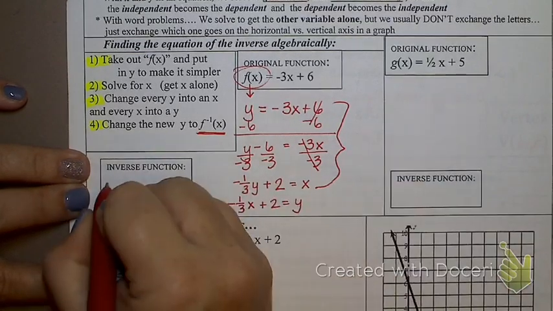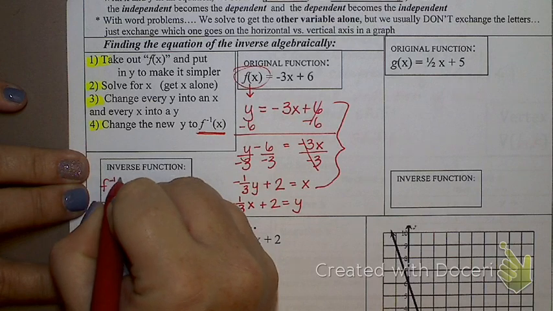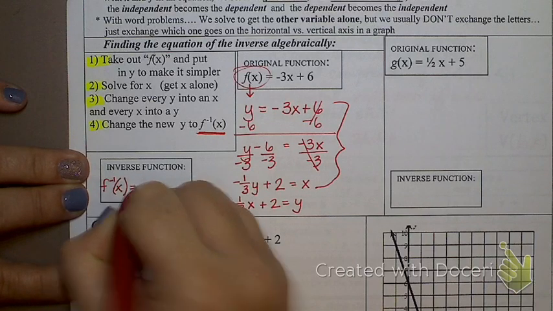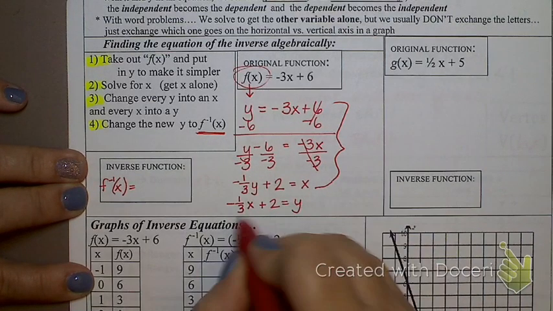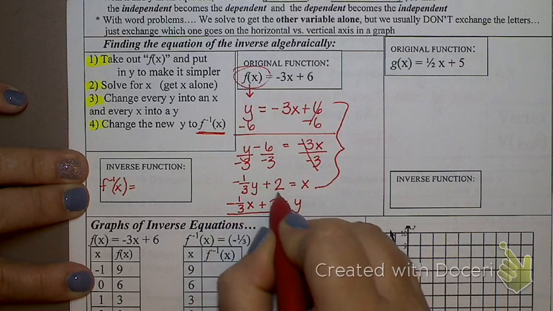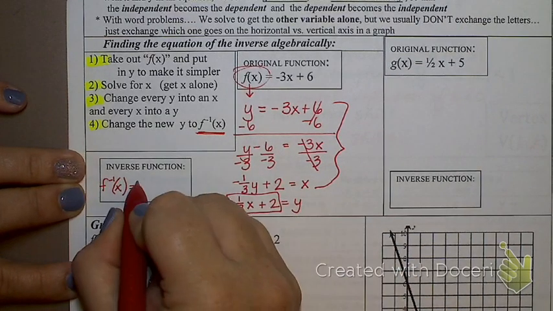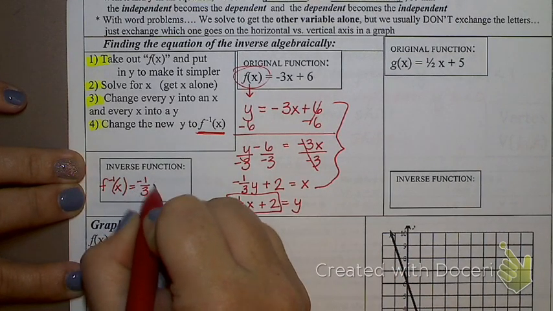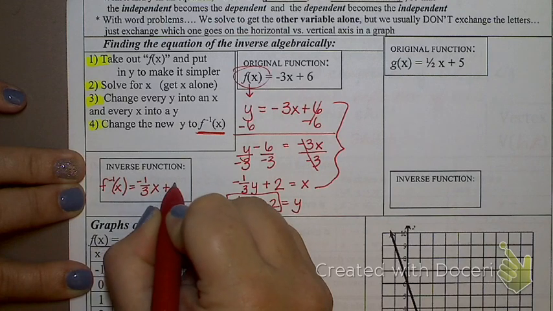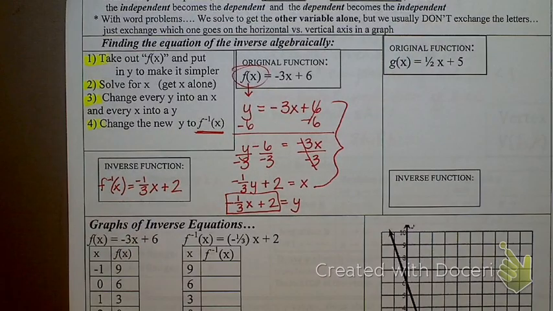So I would say f inverse of x equals, and that's what I'm replacing y with. So what am I going to say it equals? This right here. Negative 1/3 x plus 2. Terribly difficult? Yes? No?